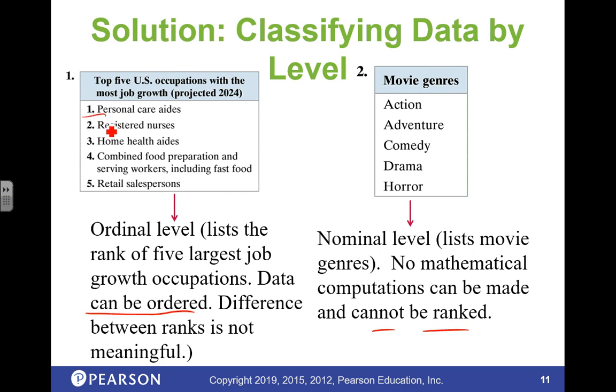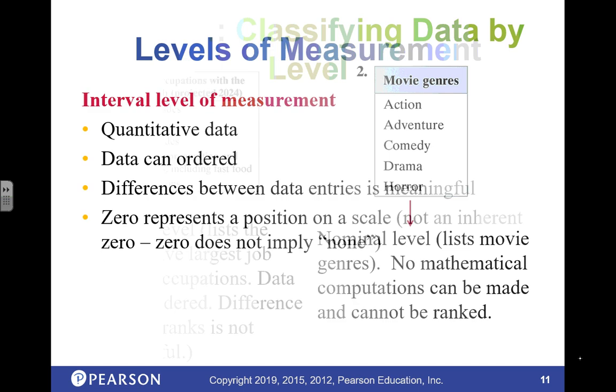This number one is 2 levels higher than that one. It's 3 levels higher than that one. But if we do 3 minus 1 or 4 minus 1, those numbers are not hugely significant. These are just put in an order, but the difference between them just means how far apart they are. It's not a huge significance.